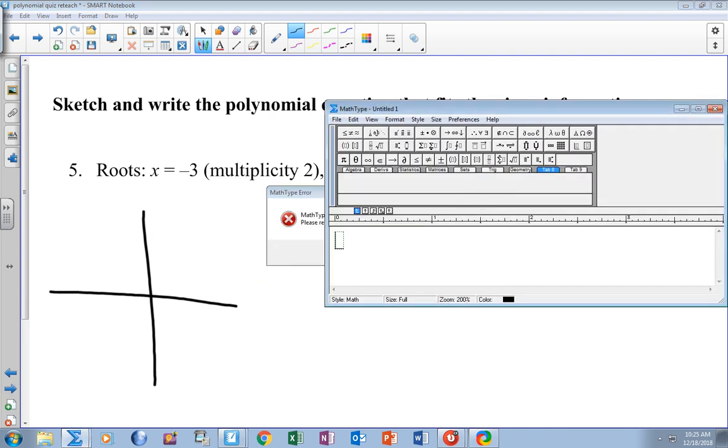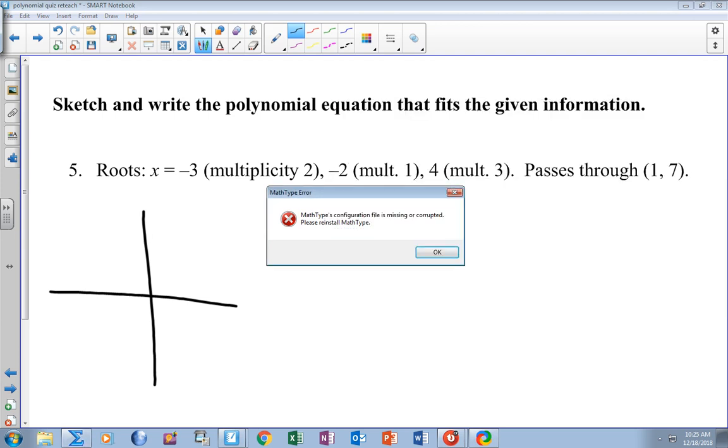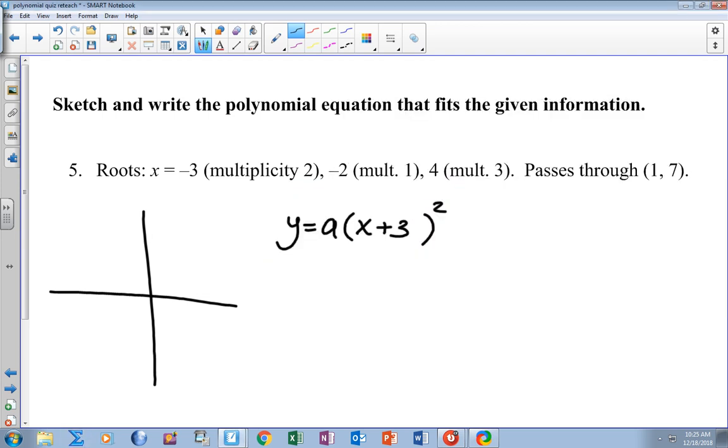Here we have x equals -2 with a multiplicity of 1, so that's the factor x plus 2. And then 4 with a multiplicity of 3, so that's x minus 4 cubed. Now we put the point (1, 7) through. We say 7 for the y value and substitute 1 in for the x.